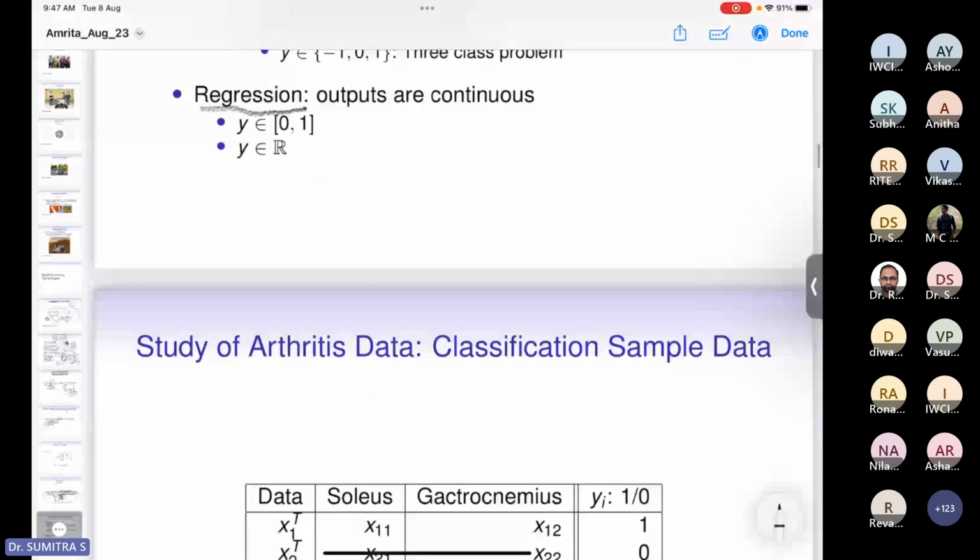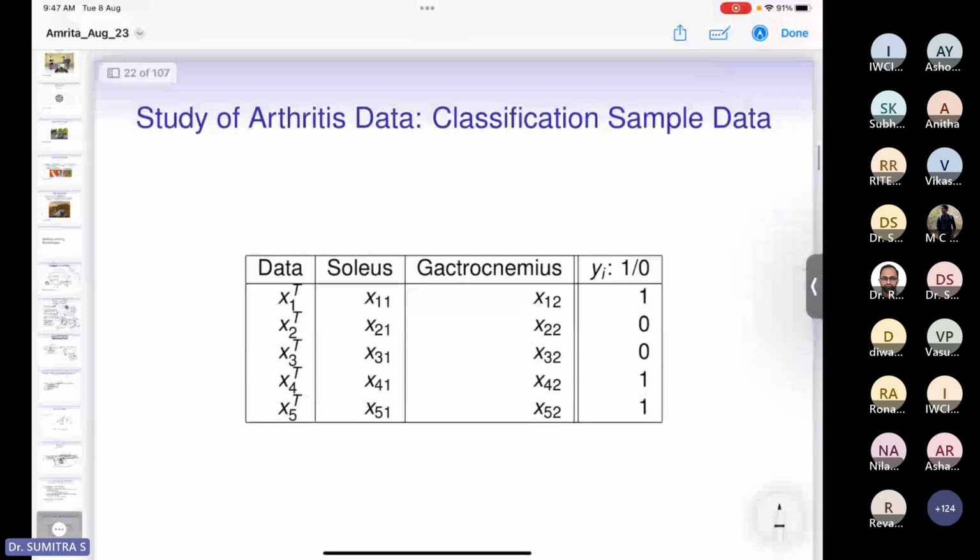For example, I want to study arthritis data. For that, I have collected the electromyographic patterns from two leg muscles; these are the names of the two leg muscles.